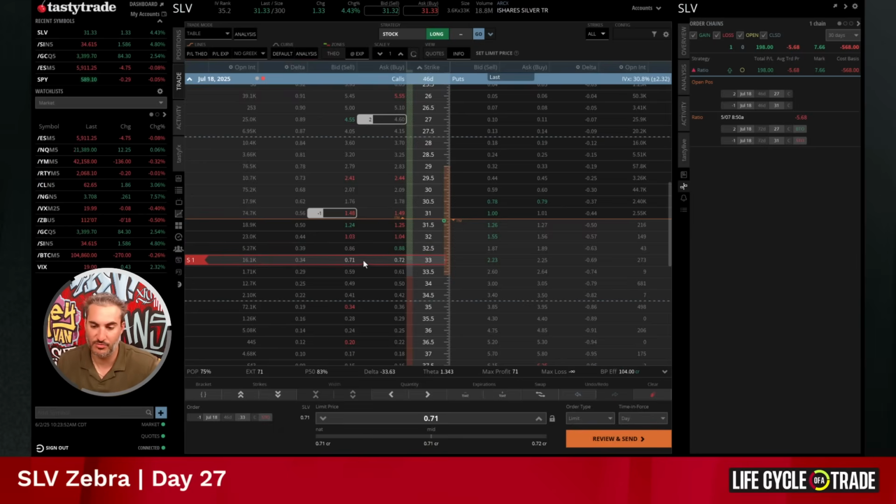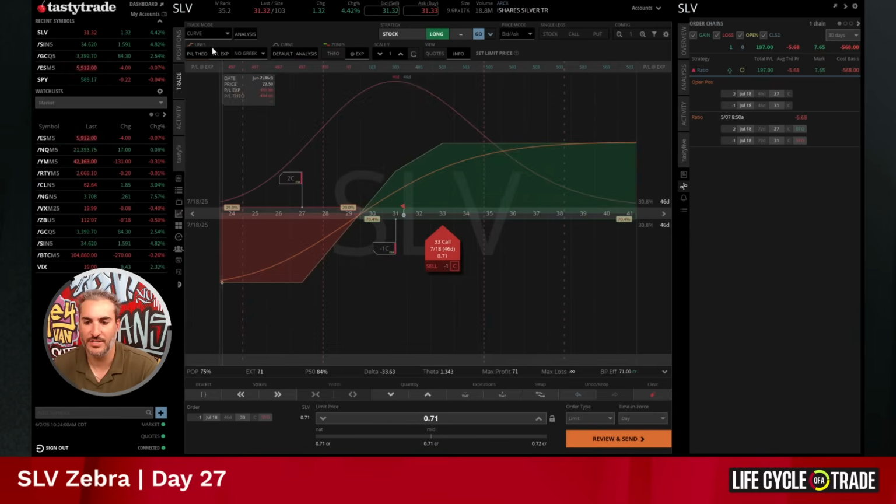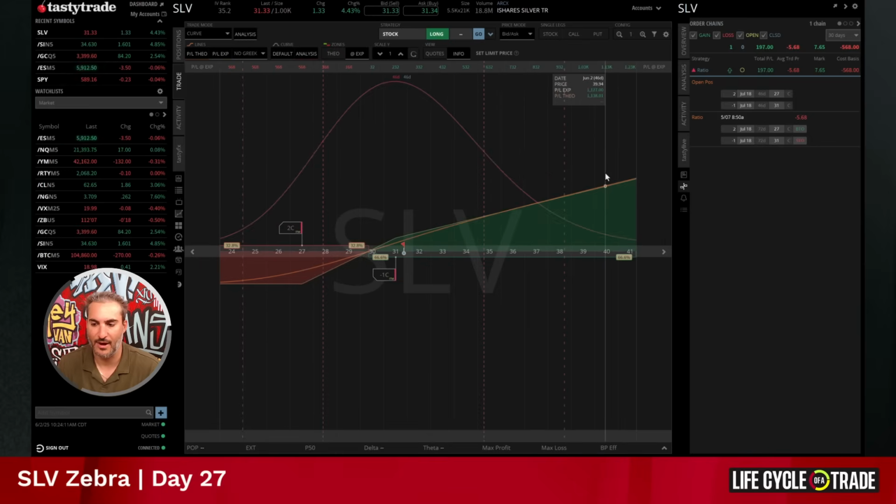You could sell a 33 strike. Any call that is above the Zebra, you could sell without using any additional capital, and that position would turn it into more of a covered call type risk profile you could see here with a cap in your profit potential instead of having that unlimited profit potential like you would with just a stock position.